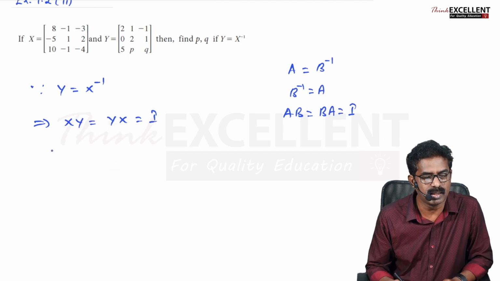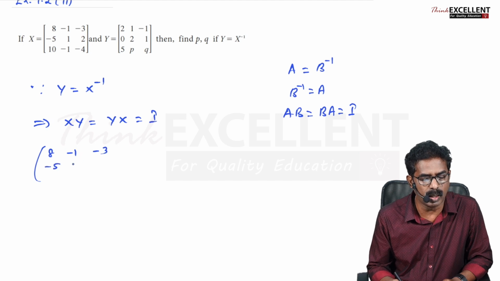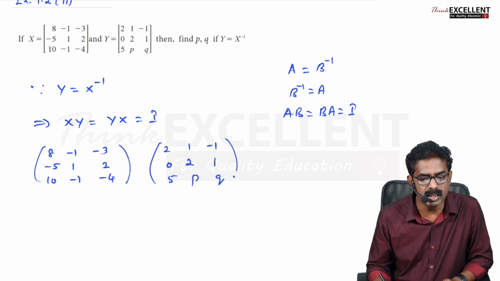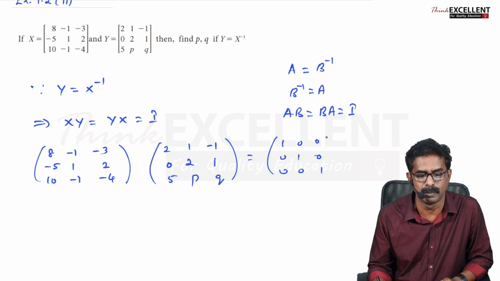X is 8 minus 1 minus 3, minus 5 1 2, 10 minus 1 minus 4. This is X into Y. Y is 2 1 minus 1, 0 2 1, 5 P Q, equal to I. What is I? 1 0 0, 0 1 0, 0 0 1.